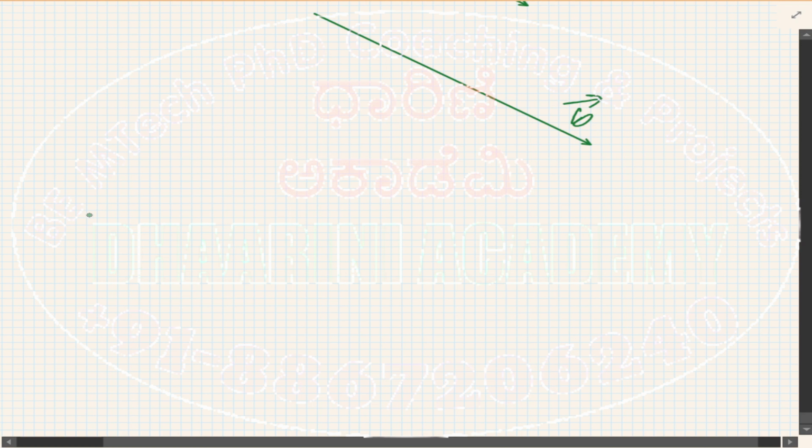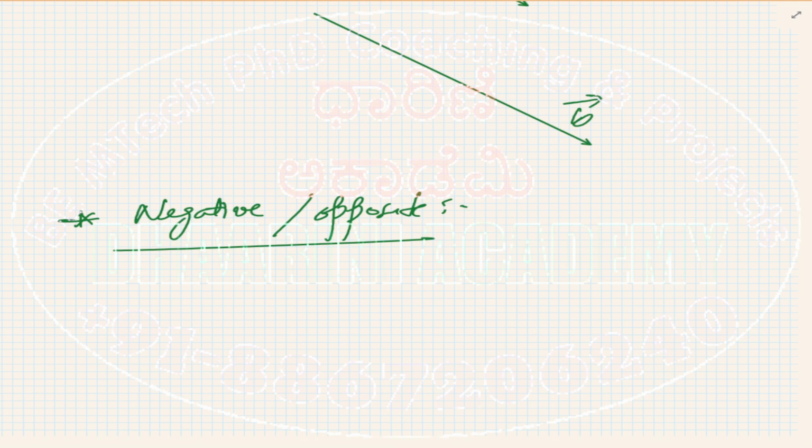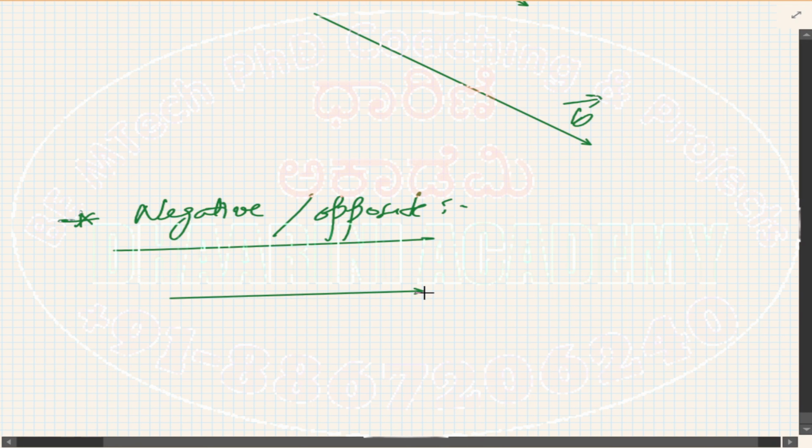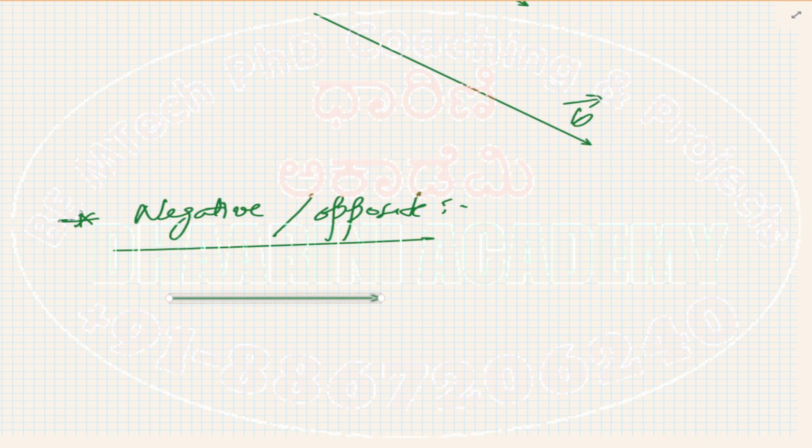Okay, then we have negative or opposite vectors. So if two vectors are opposite in direction, you can consider one vector to be opposite to the other, or one vector is negative of the other.